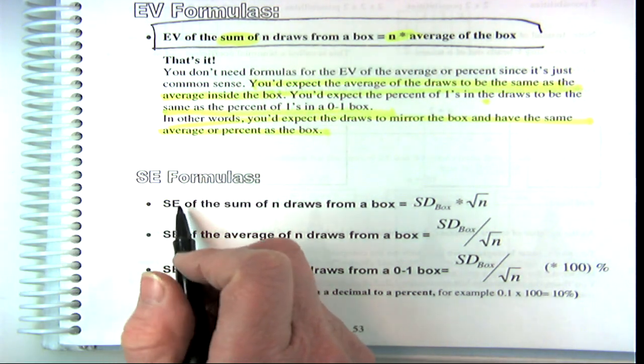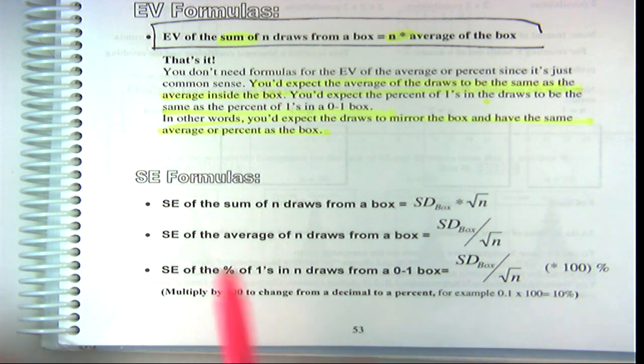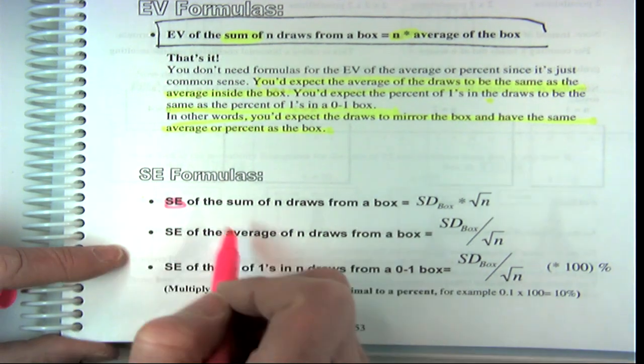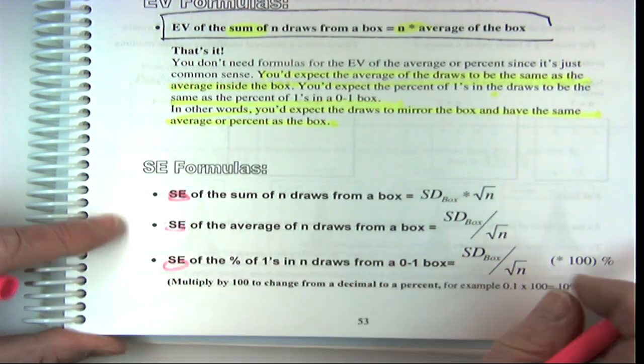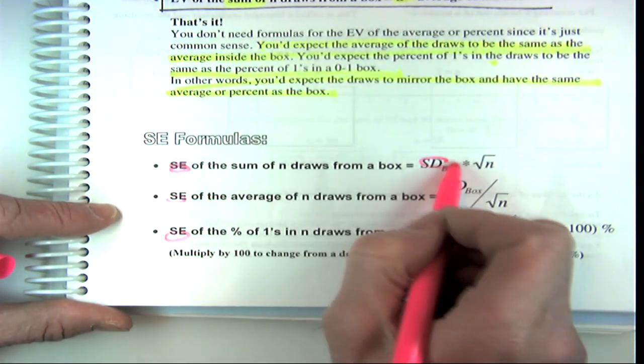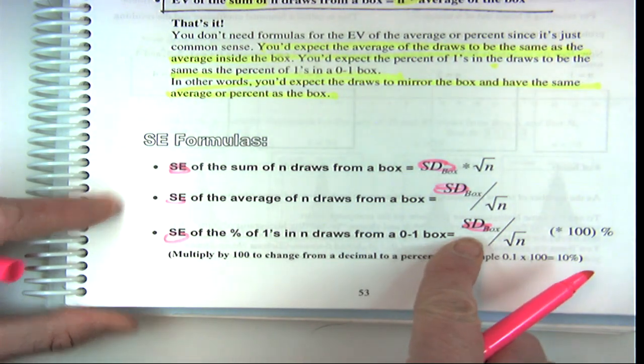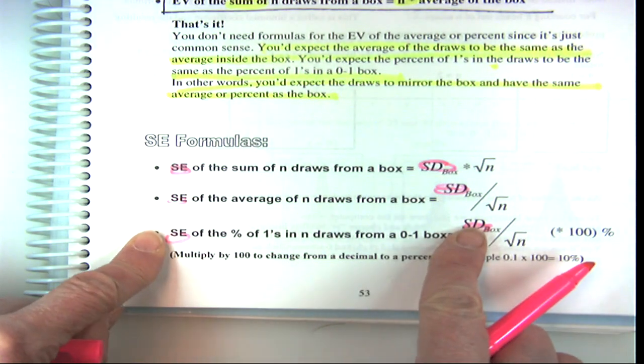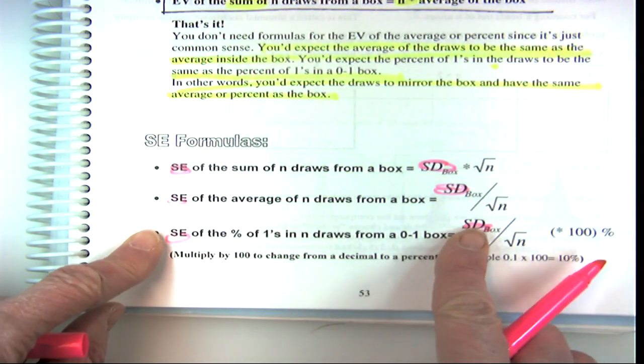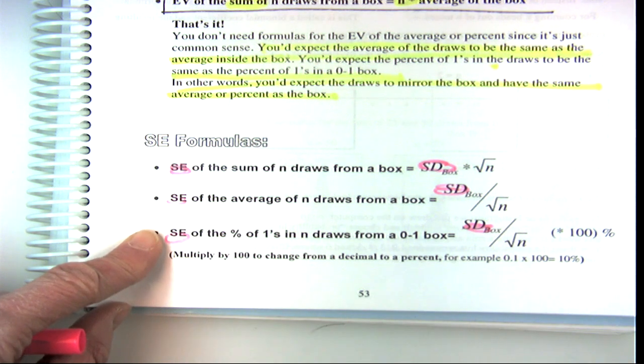So think of it this way. For all of these, all these standard errors, they're all standard deviations of the population, right? But they depend on n. And they depend on n by the square root law.